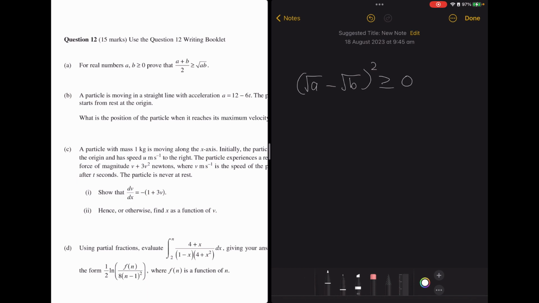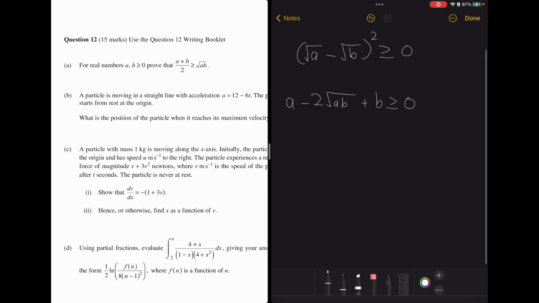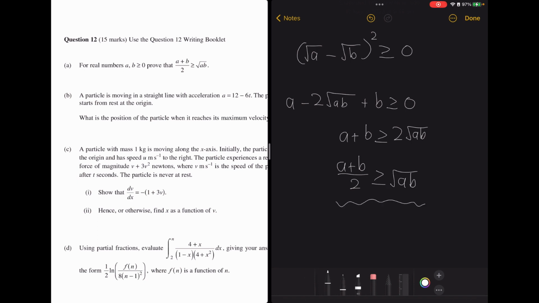Expanding that, we have root a all squared is a, minus 2 root a times root b, which is root ab, plus root b squared, which is just b, greater than or equal to 0. And now you can see it is mostly just algebraic manipulation to move 2 root ab to the other side, and finally bring the 2 back over, and that will be part A.